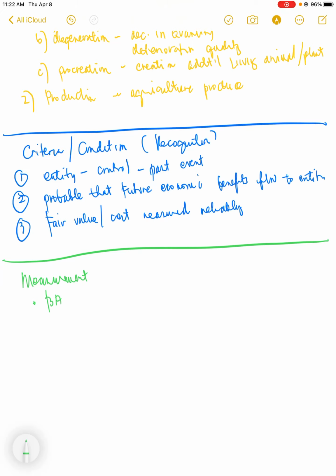Ibig pong sabihin, initial recognition and subsequent recognition, it must be recognized at fair value less cost to sell or cost of disposal. Okay po? And aside from that, kapag naman po agricultural produce ang pinag-uusapan, it must be measured at fair value.